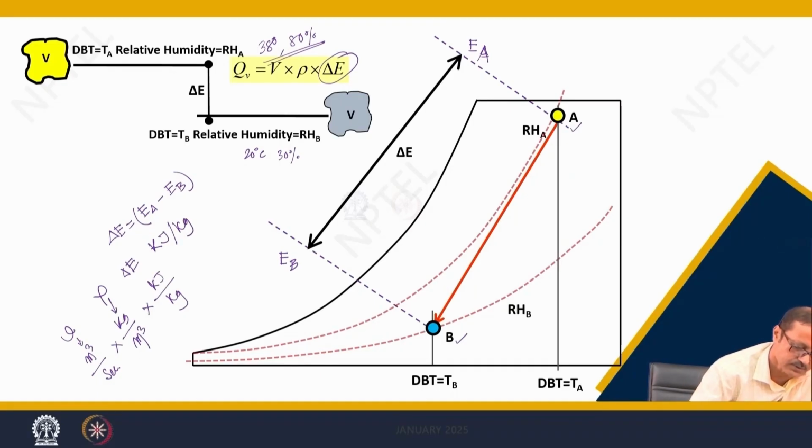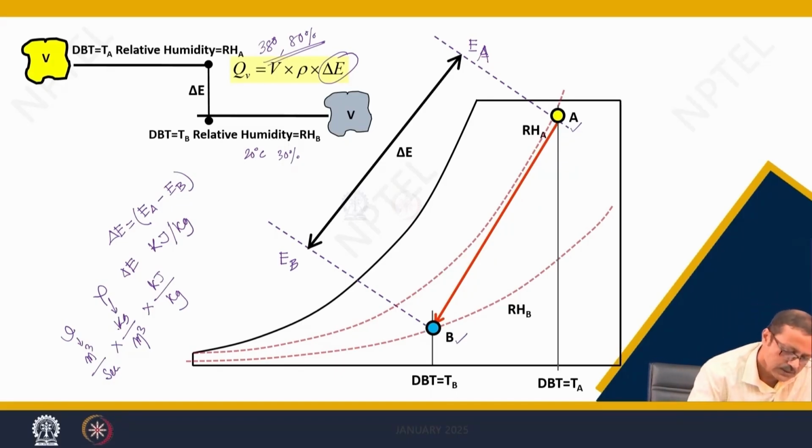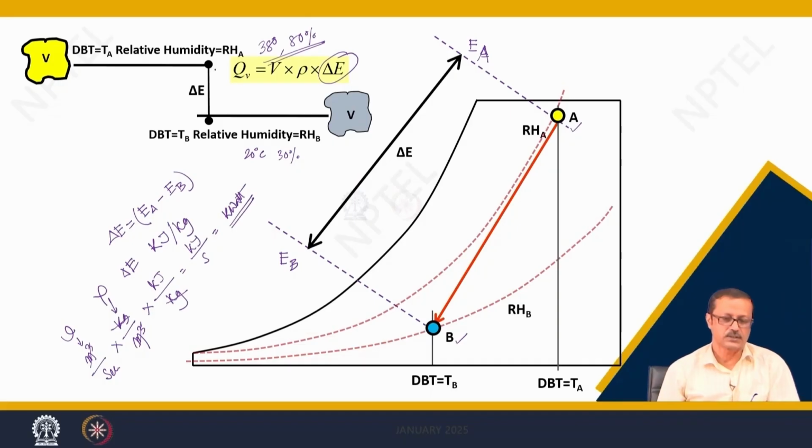V is the volumetric air exchange rate, meter cube per second. And this is the delta enthalpy, in kilojoule per kg. So, the kg cancels, meter cube cancels. This gives me kilojoule per second, which is your kilowatt, right. So, I can find out this Q as kilowatt.